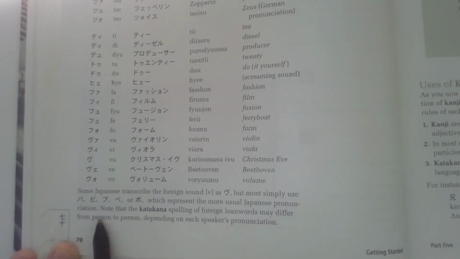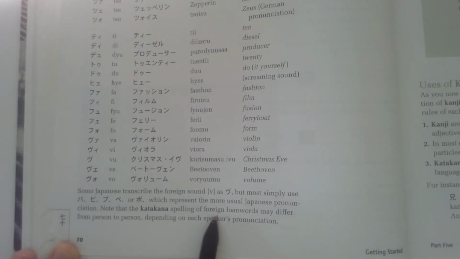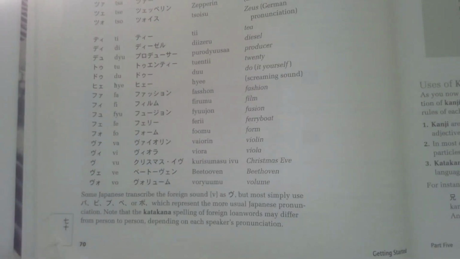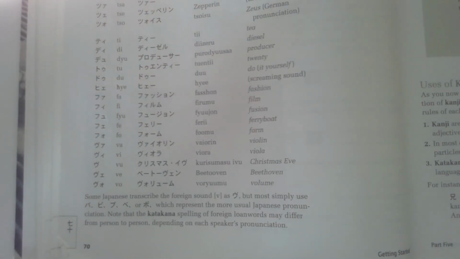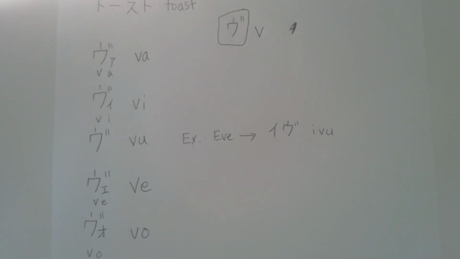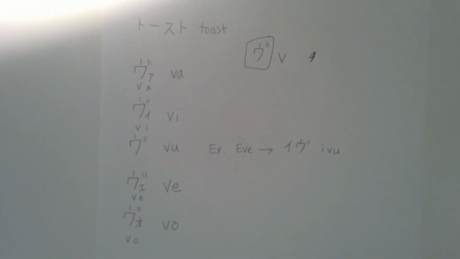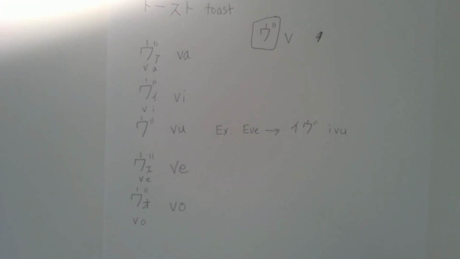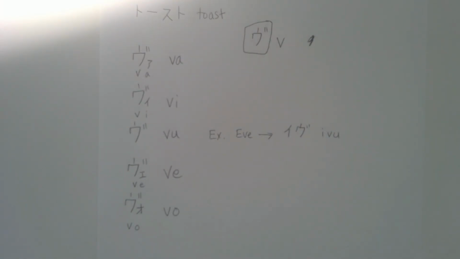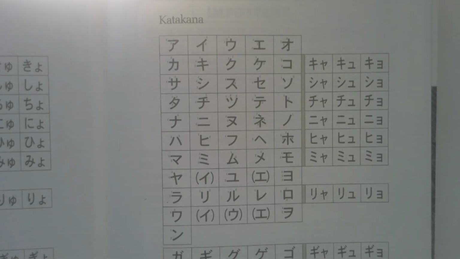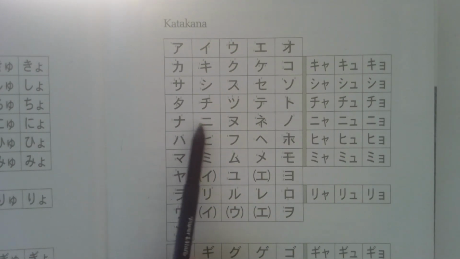Note that the katakana spelling of foreign loan words may differ from person to person depending on each speaker's pronunciation. Alright, so there you have it. That's a really important lesson to know about katakana, because you still probably will see some of these in writing.